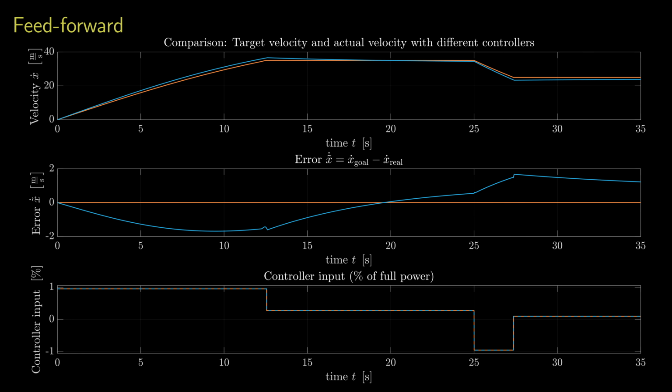If we execute the same input again, we see that, unsurprisingly, our system no longer behaves as it is supposed to. This is also expected. If there is an uncertainty in our system, we can calculate as much as we want to plan our input beforehand, there will always be some error. To fix this error, we can add feedback. Let's look at this next.